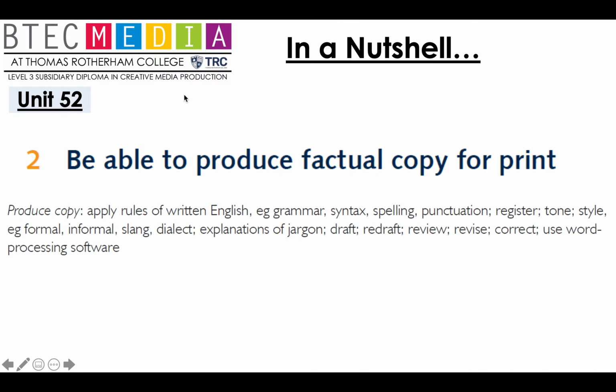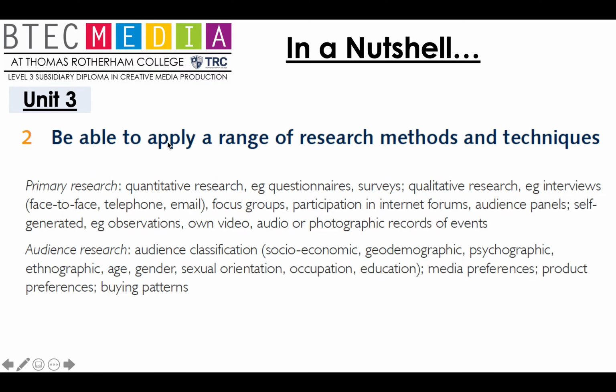The reason why we're doing this is basically because it says in the criteria that we've got to. So Unit 52, the second learning objective, says you've got to be able to produce factual copy for print, which is what your actual how-to guide will go towards. And Unit 3, learning objective 2, says you've got to be able to apply a range of research methods and techniques, which is going to be all the research tasks that you do that go towards Unit 3.